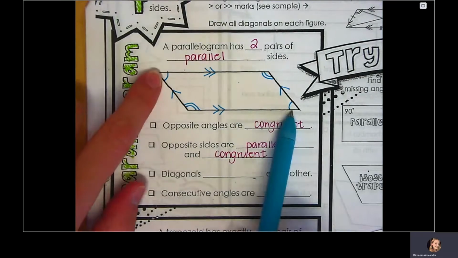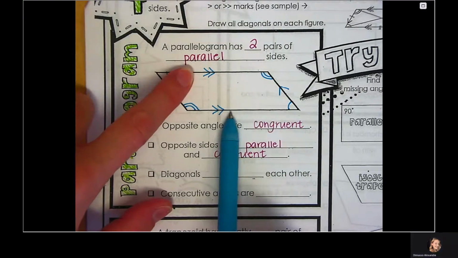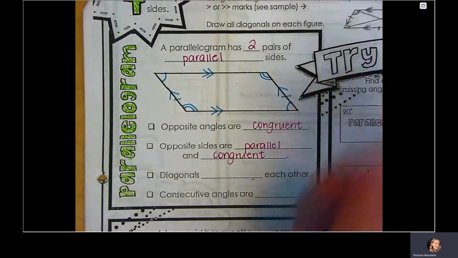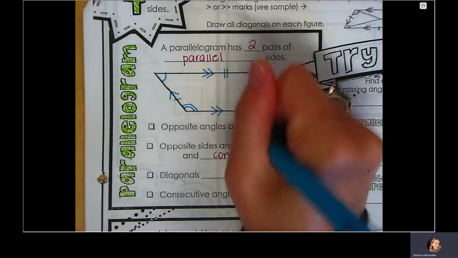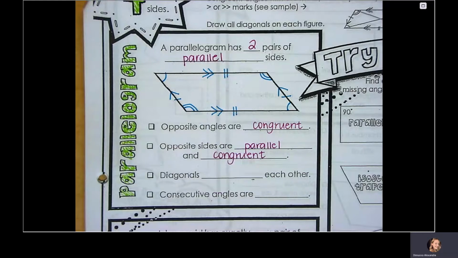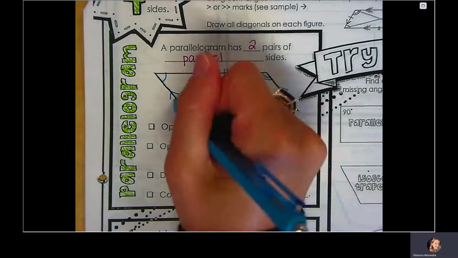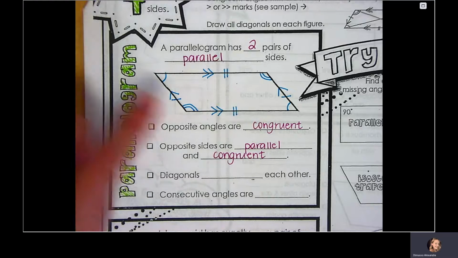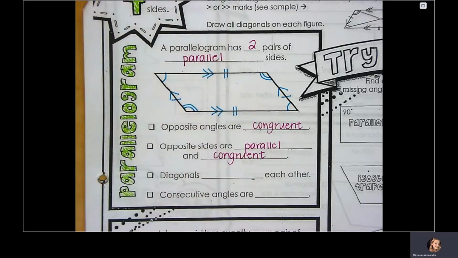Curves are for angles. What's for sides? Tick marks. So I'll do 1 tick mark for 1 pair and 2 tick marks for the other pair. It doesn't matter which, as long as you're showing they've got 2 pairs of congruent sides. Knowing what each of those symbols means just by looking at the picture is super important, because a lot of times you'll get a picture like this without all the words, so you have to know what the pictures mean.